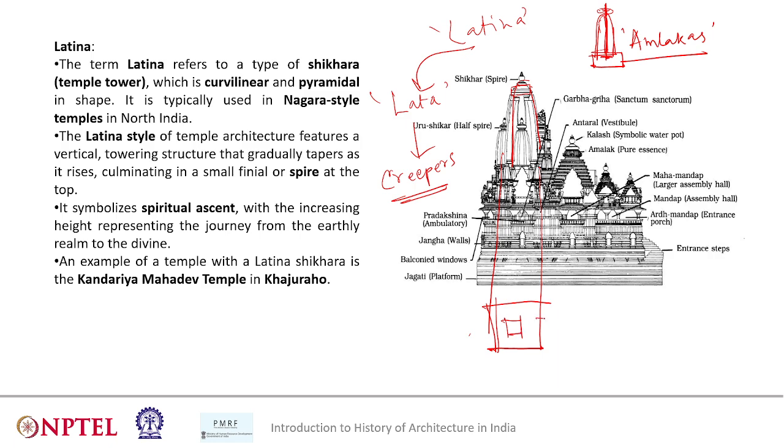And then there's a very small transitionary area, the vestibule or antarala. This is also known as vestibule. And this one is basically the garbhagriha.